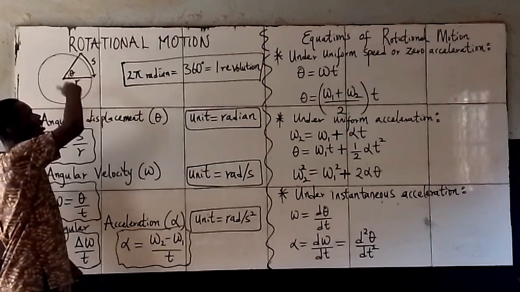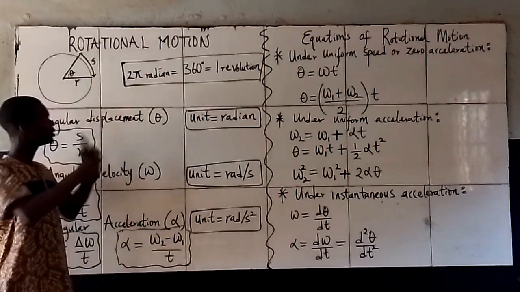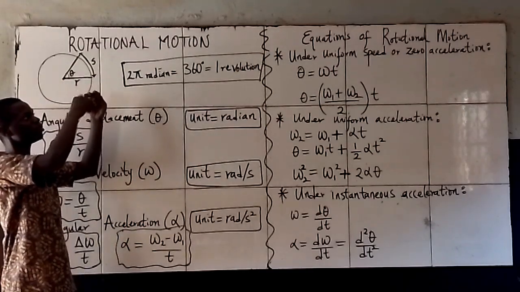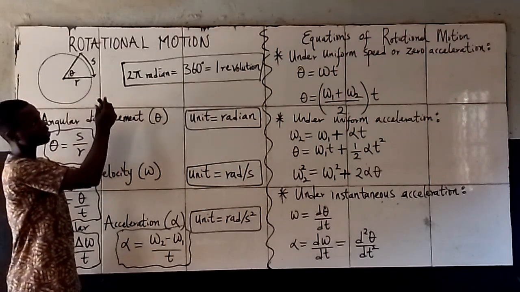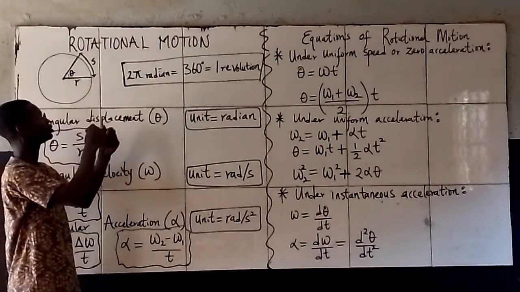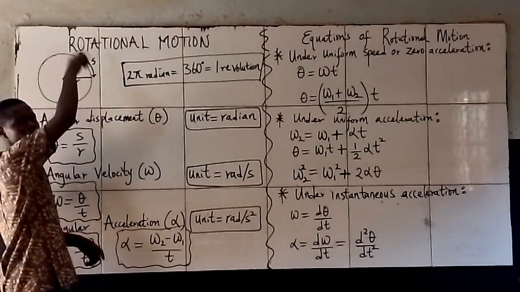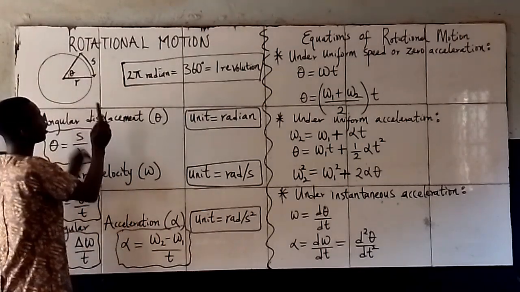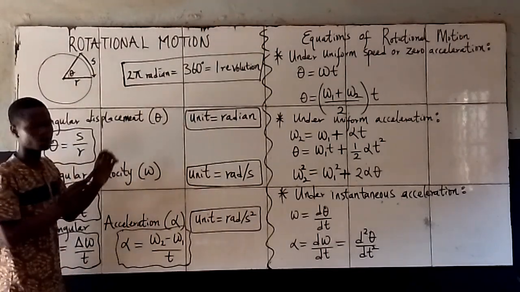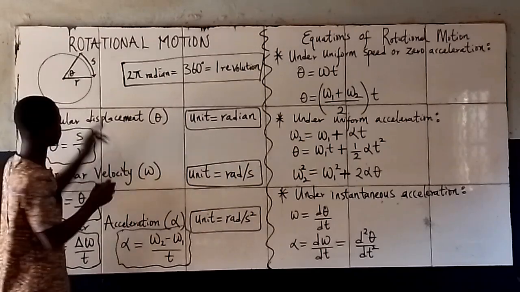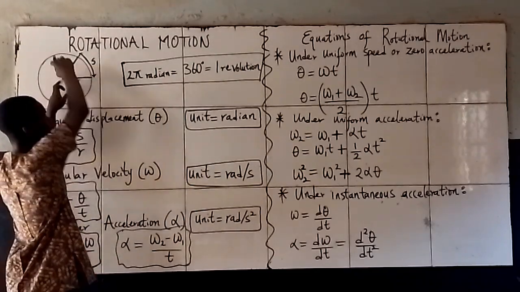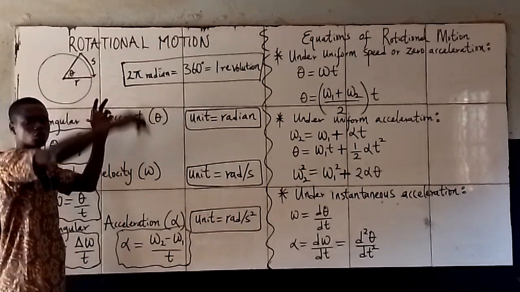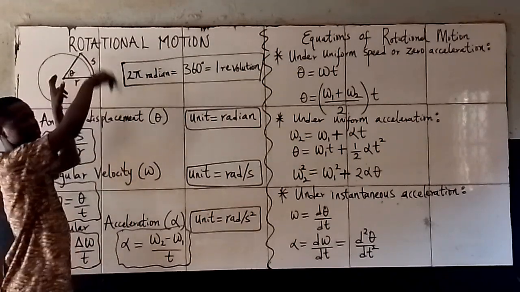This is a circular path showing the direction of a rotating body. So we are viewing this side, okay? As the body is rotating, we are trying to view this side of the rotation. So the body is actually moving like this. Now, at the center, we'll call it the axis of rotation. If you check, at every time interval this body rotates, an angle is being covered, an angle is being displaced, okay?